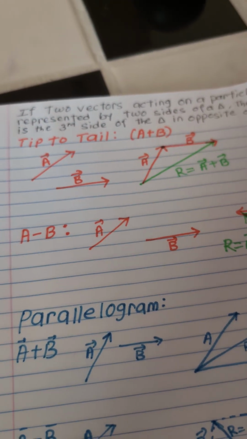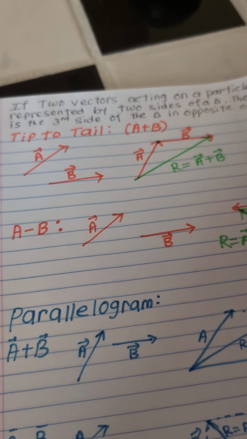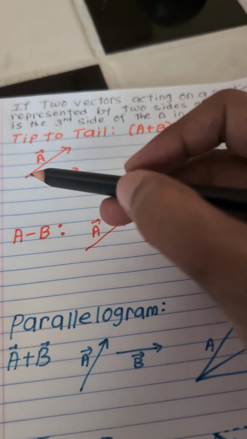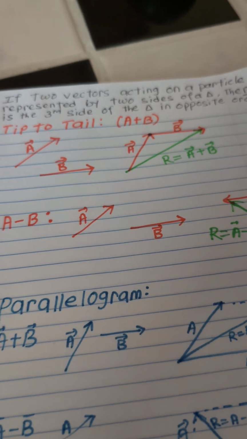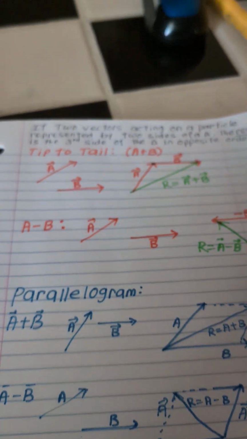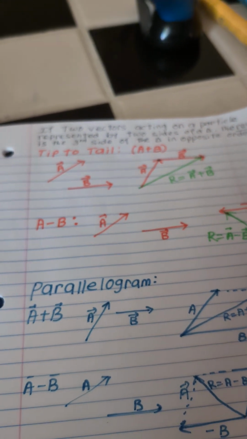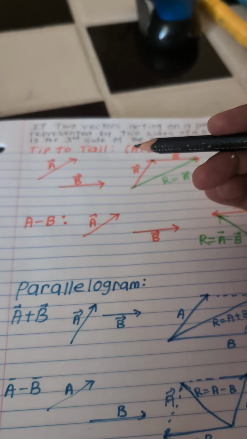This simply applies to triangles. Here, if there are two vectors, vector A and B, the law says that you have to put the two vectors in order.